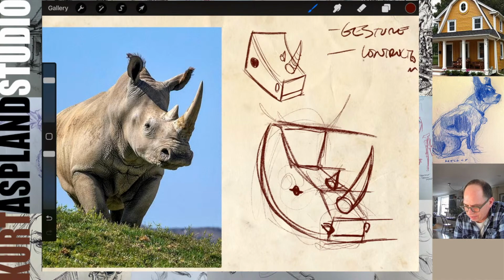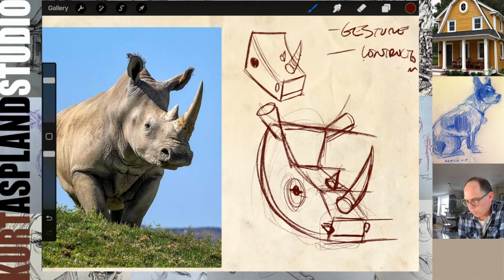All right, look at these ears. These ears can almost be like more cones. You see that? And this also can be a cone. And then we've got this backside coming up there.